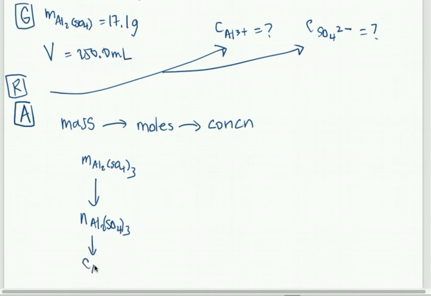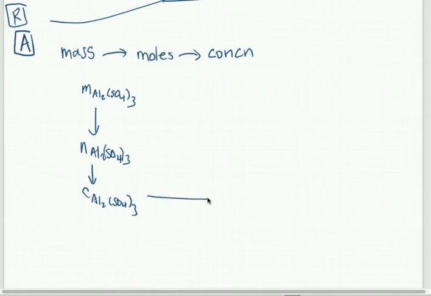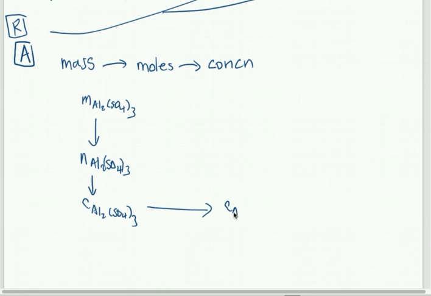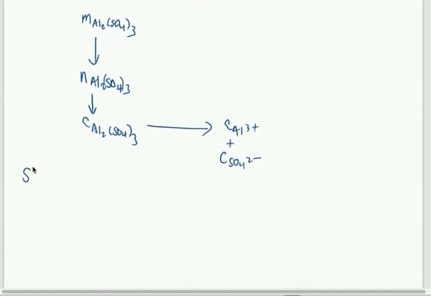So it's almost like there's a few sides to this one side of the box, okay? Then we can go across and use the mole ratio in order to get the concentration of aluminum and of sulfate. This is a dissociation equation, so if you know the concentration of this, you can use the mole ratio to figure out the concentration of these here, okay? All right, so let's just go through and put our plan into action here.